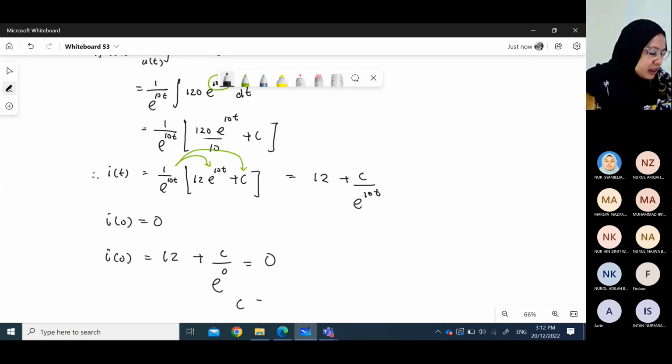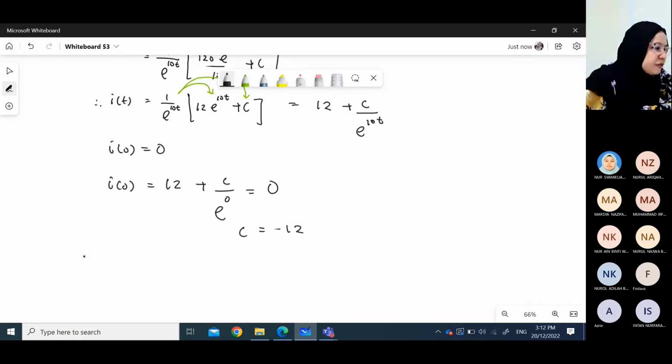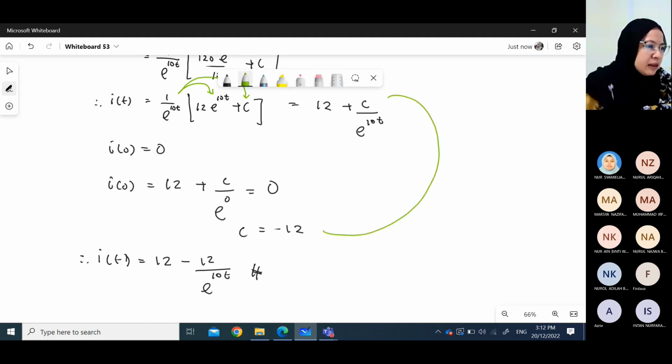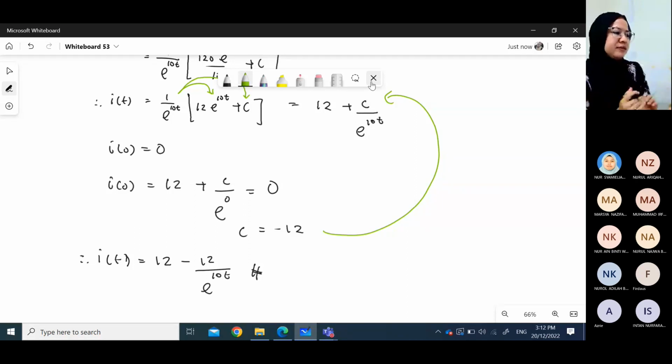So C is negative 12. Therefore, the current at any time t is 12 minus 12 over exponent 10t. Substitute it in. This is the answer.